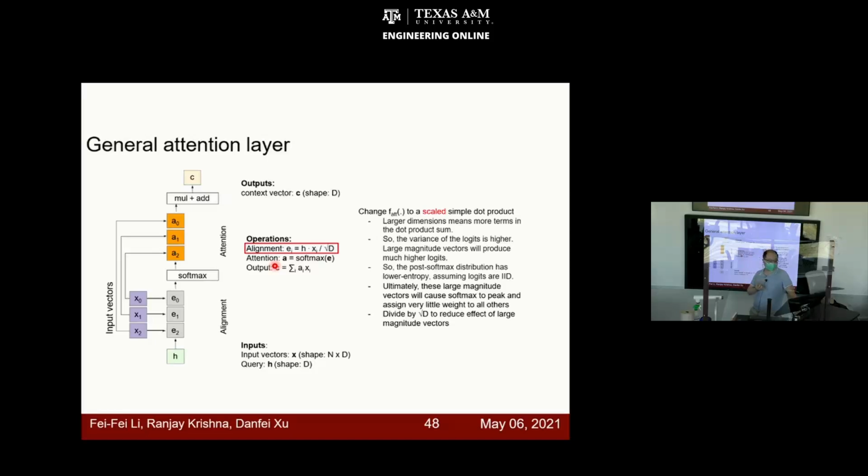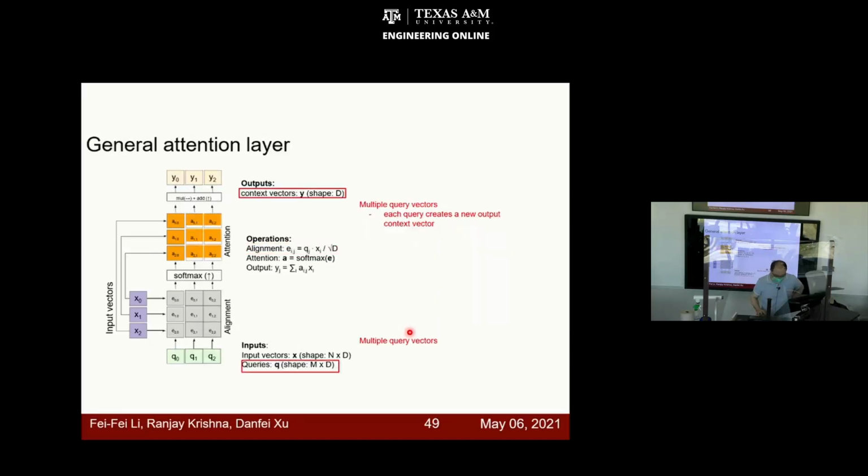Then this creates the vanishing gradient problem that we talked about, right? The large magnitude vectors will produce much higher logits. So this post-softmax distribution has lower entropy, which can cause the softmax to peak and cause vanishing gradient problems for other terms, right? And we can reduce that by simply using the square root of d. Okay, right? So this is one of the reasons.